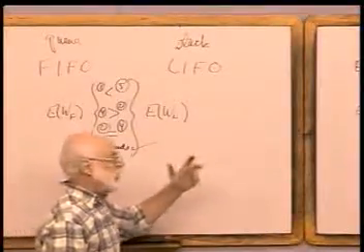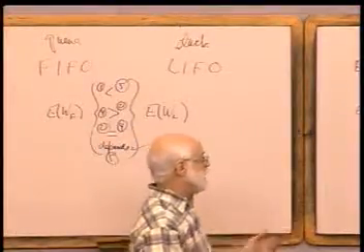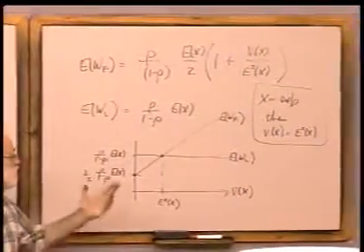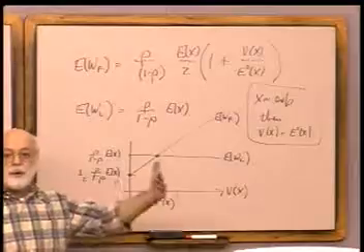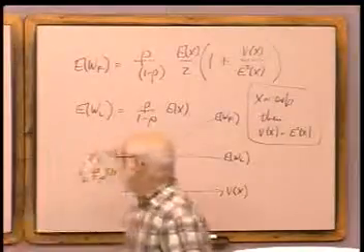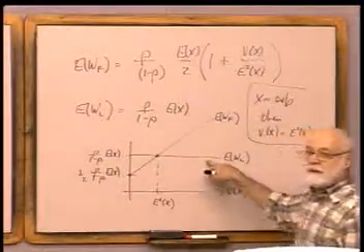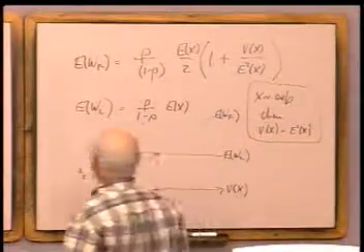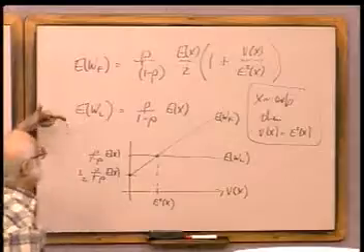If the service times tend to have a low variability, close to constant, then FIFO is better. If the service times have a high variability, more variable than total randomness, which is the exponential, then LIFO is better.